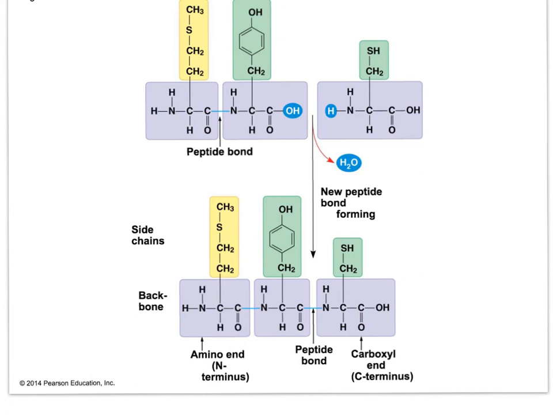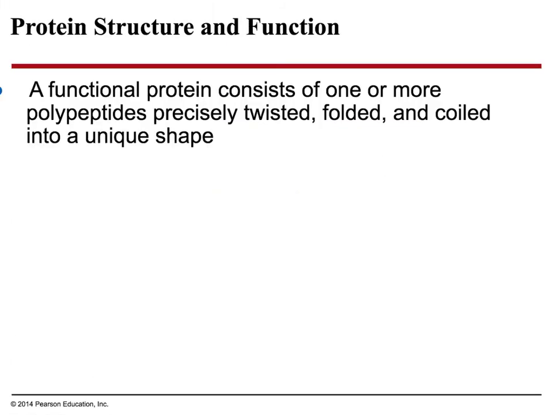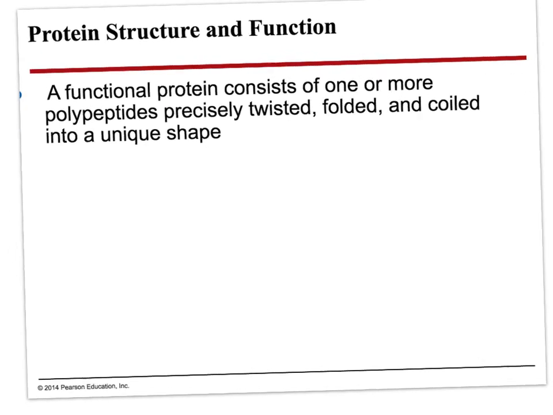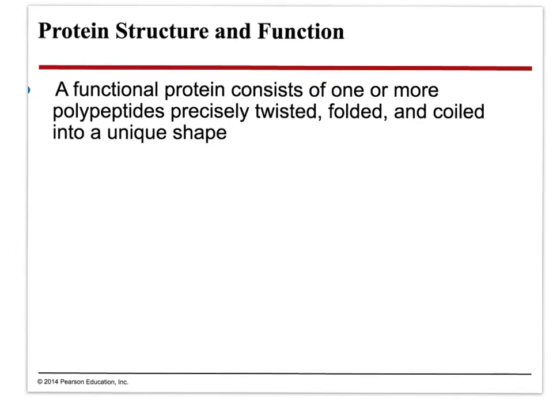So the first structural importance of proteins is the sequence of amino acids. It's going to be methionine, proline, lysine, instead of methionine, lysine, tryptophan. That's two different proteins, and that is important structurally.